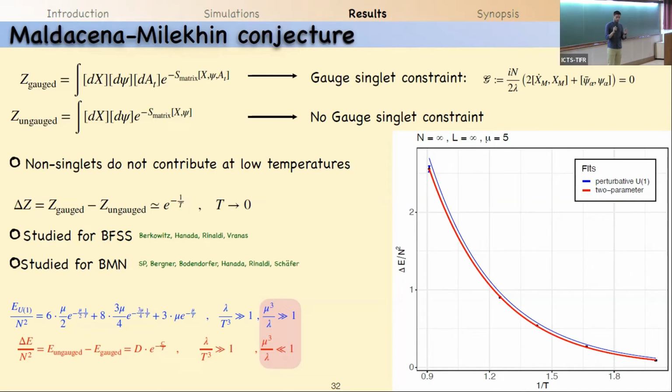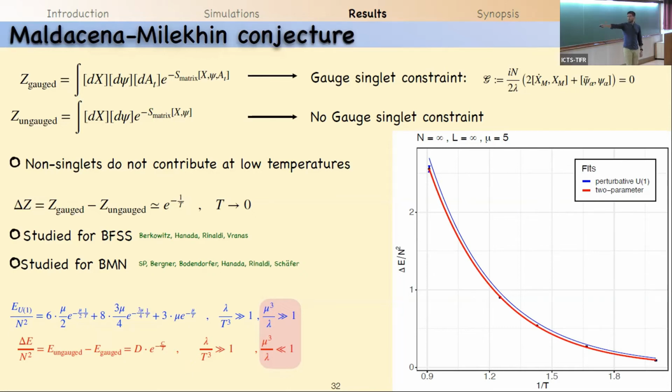The modes that contribute at low energies are the ones that belong to the U(1) theory, which is this blue equation here. This is the result in the large mu limit and at very low temperatures. At the same time, the fit is done for very low temperatures, but it is a conjecture for very small mu.